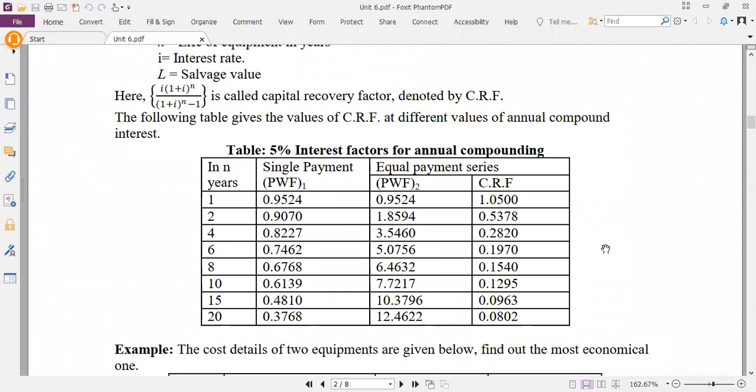As time passes, the PWF goes on increasing and the CRF goes on decreasing.